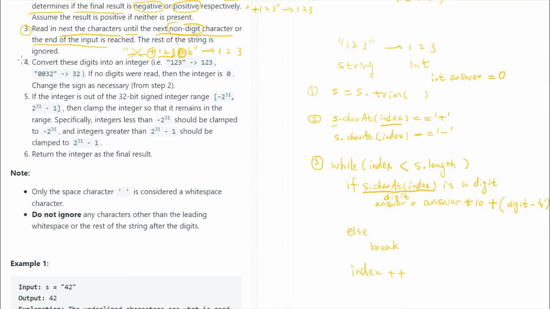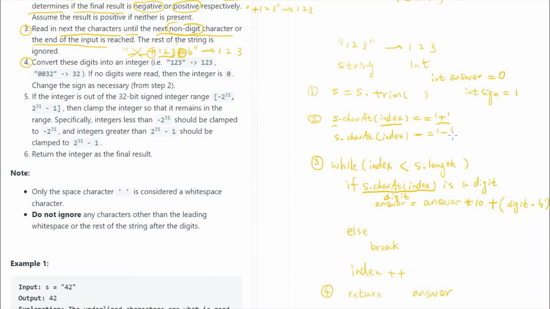The requirement number 4. Convert these digits into an integer. Once we have our answer, we'll return the answer as an integer. Before we can return our answer, we have to take care of the sign. So we will declare another integer, sign, equal to 1. If the sign we read in is positive, we don't change this value.